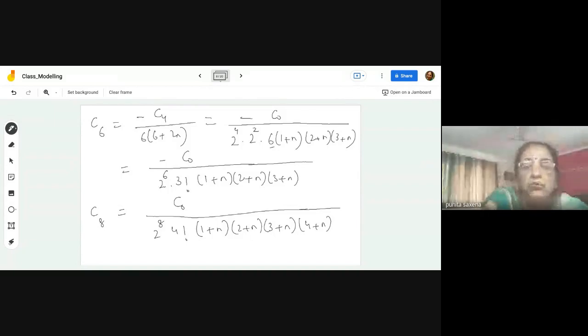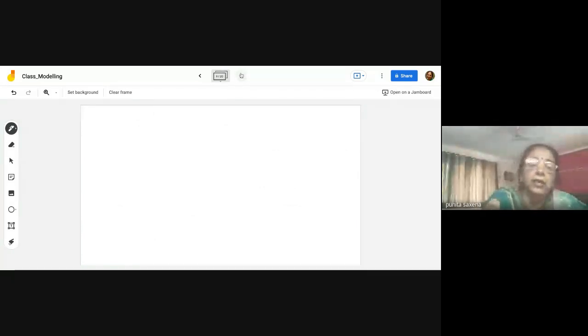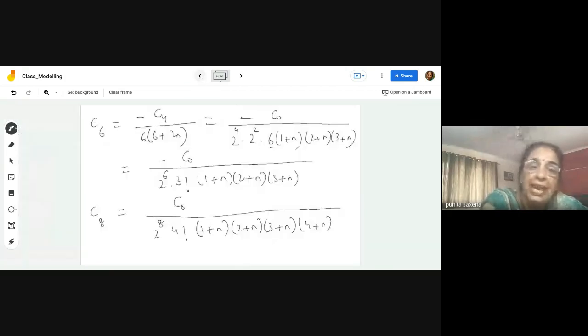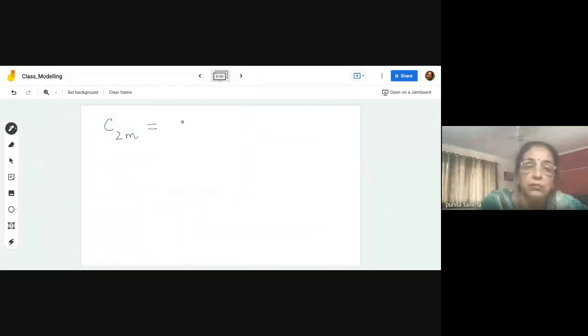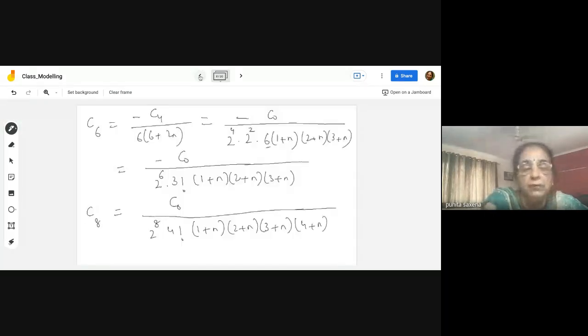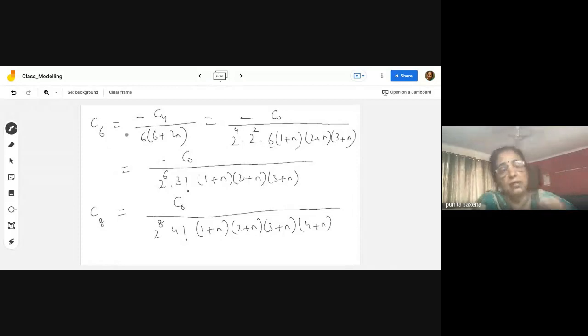Now, if I have to generalize the formula, but definitely I am doing it for all even terms. So I will write the formula as C2M. Now, again, I have to use something else because I've already used N, I have already used K, I've already used R. So we are going to use M for the general notation of the recurrence relation. So what will C2M be equal to? Definitely minus 1 to the power something into C naught, right? What should be in the power? See, for C6 means 2 into 3, right?